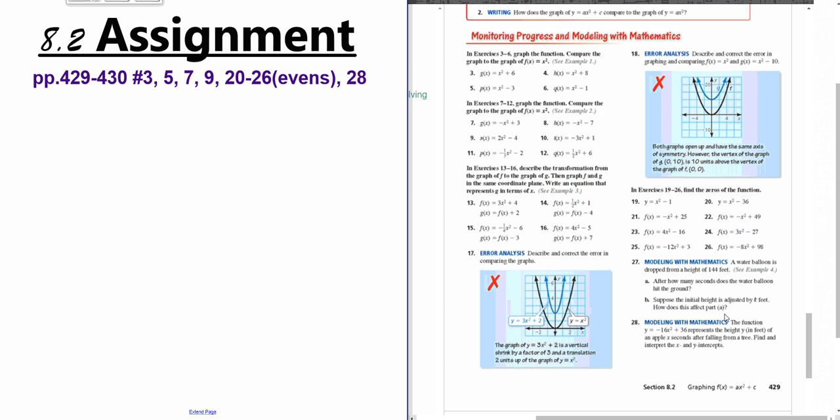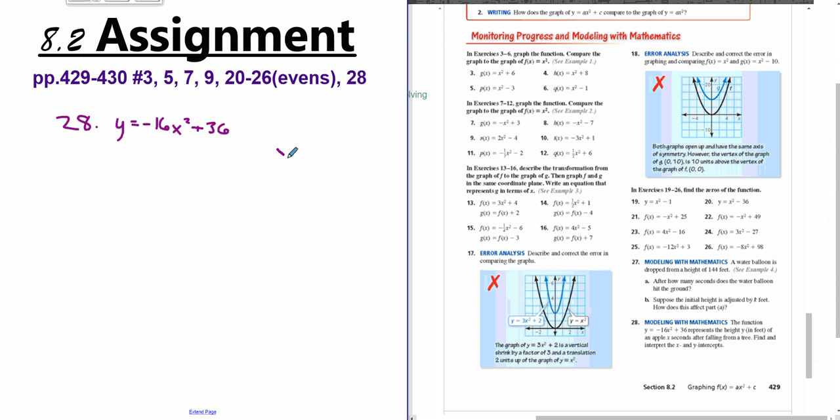We can briefly talk about number 28 though. So number 28, it says that the function y equals negative 16x squared plus 36 represents the height in feet of an apple x seconds after falling from a tree.